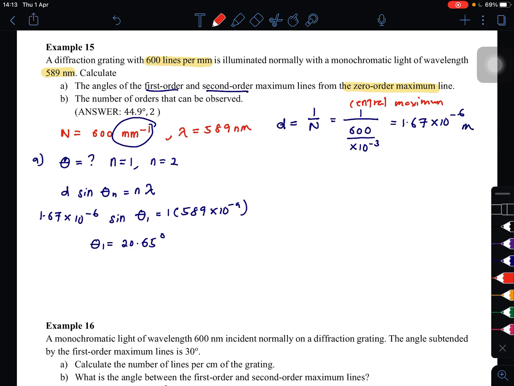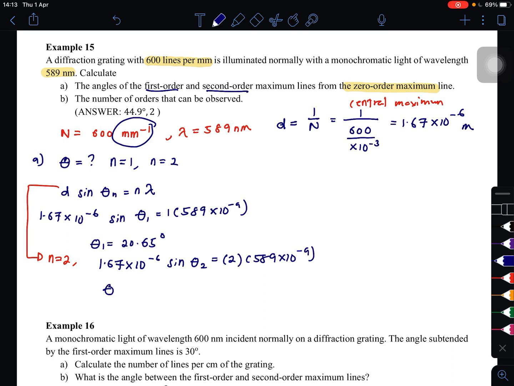Kita akan guna formula yang sama juga apabila n sama dengan 2, and then 589 eksponen negatif 9. So angle 2 will be equal to 44.9 degree. So these are the answer for the first one.